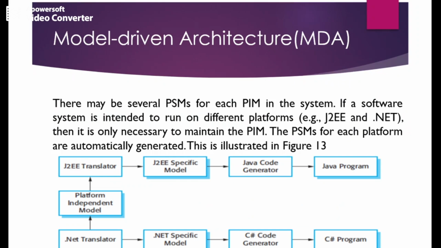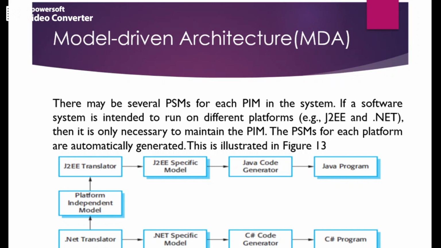One thing to keep in mind: there may be several PSMs for each PIM. Now, if a software system is intended to run on different platforms, like the Java platform or the .NET platform, then it is only necessary to maintain the PIM. Keep in mind, PIM is very important, you need to maintain that one.